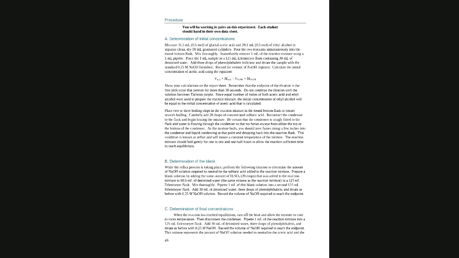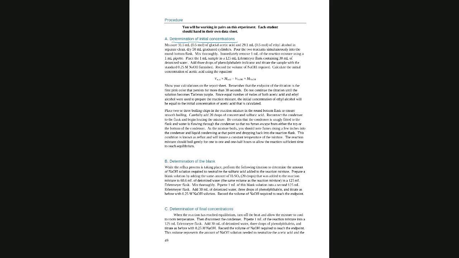Determination of initial concentration. So this is what we have seen. Basically, you mix 0.5 moles of acetic acid and 0.5 moles of ethanol in this round bottom flask that we saw. And then this is the initial.